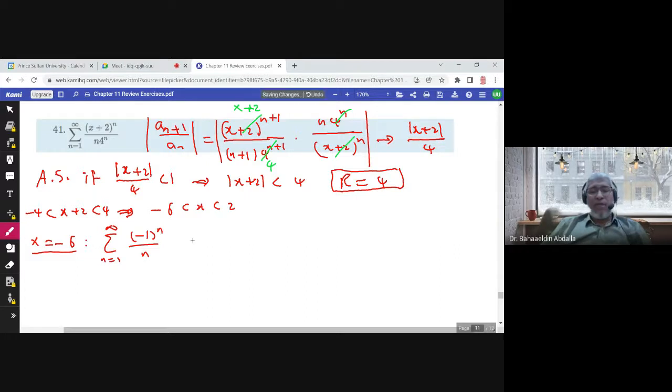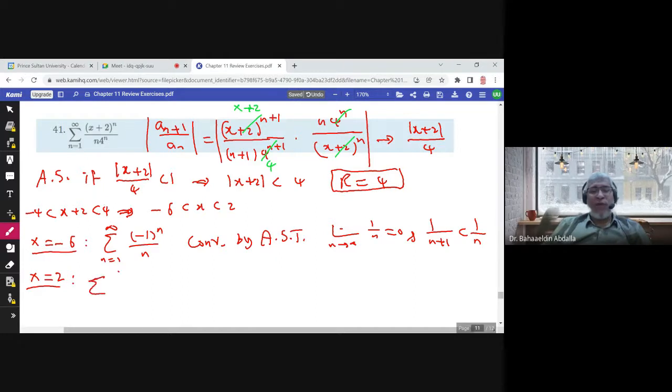And this series is convergent by alternating series test because limit of 1 over n when n goes to infinity is 0, and 1 over n plus 1 is less than 1 over n. While when x is 2, I'll have 2 plus 2, 4 to the power n will be cancelled with 4 to the power n.